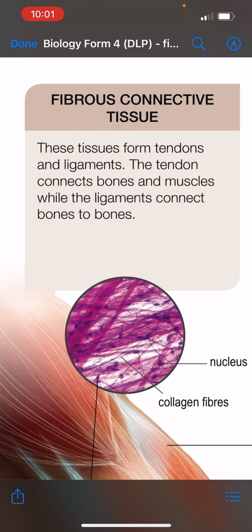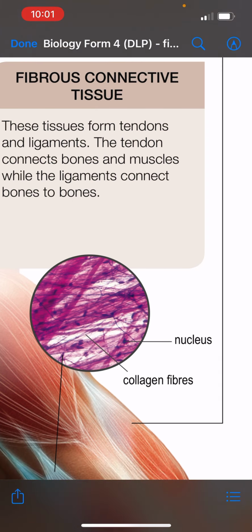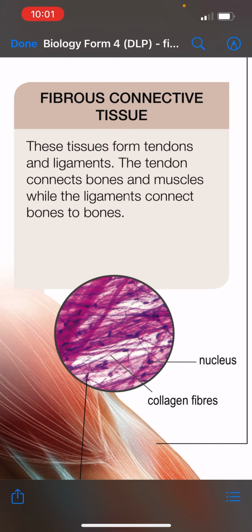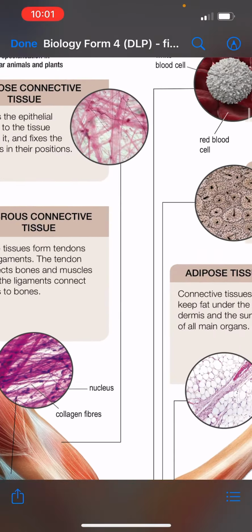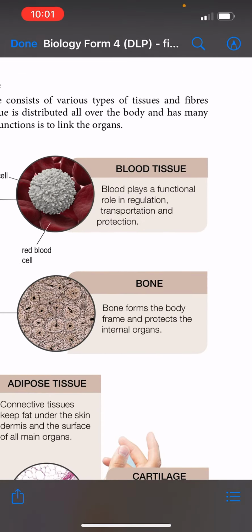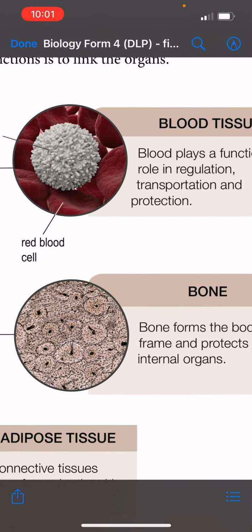So there are tendons and ligaments that connect muscle to bone and bone to bone. Ligament connects bone to bone, tendon connects bone to muscle. That is fibrous tissue.